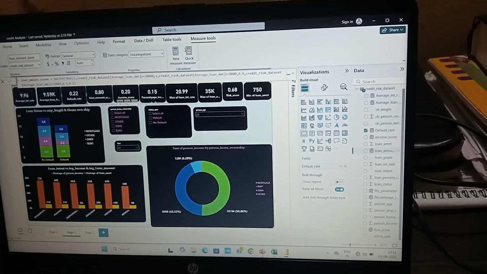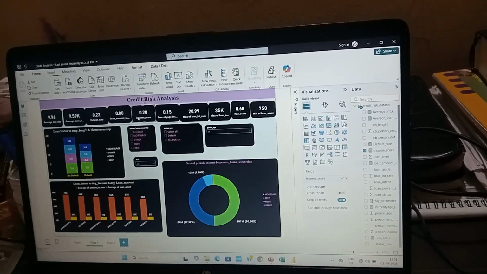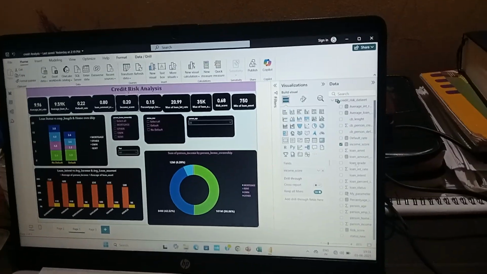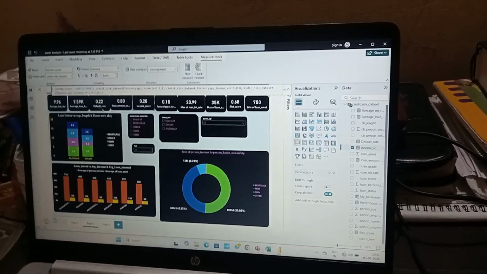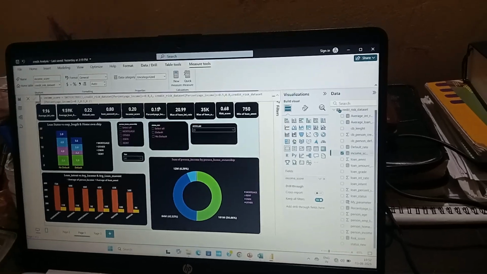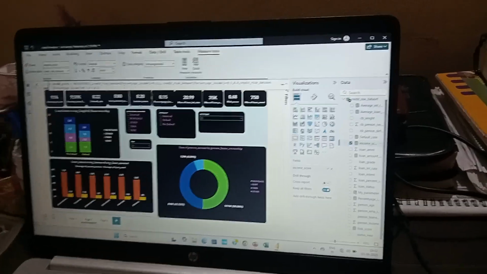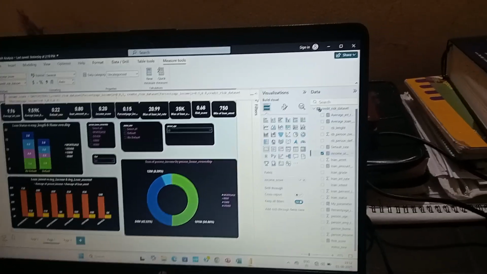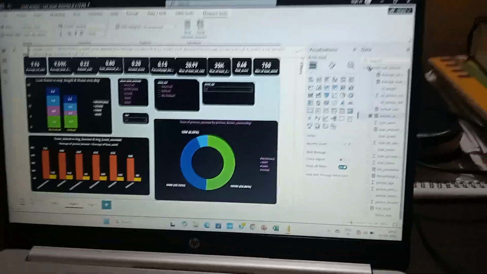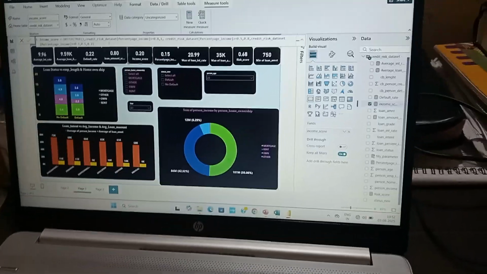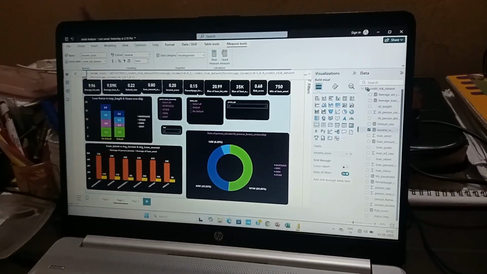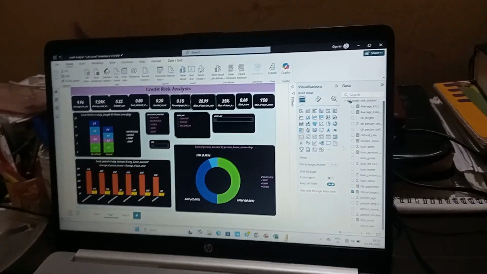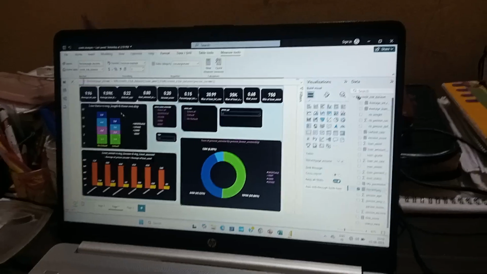And then we go through the income score also. Here also we use the SWITCH function, as you can see. Continuing, we have the percentage income.